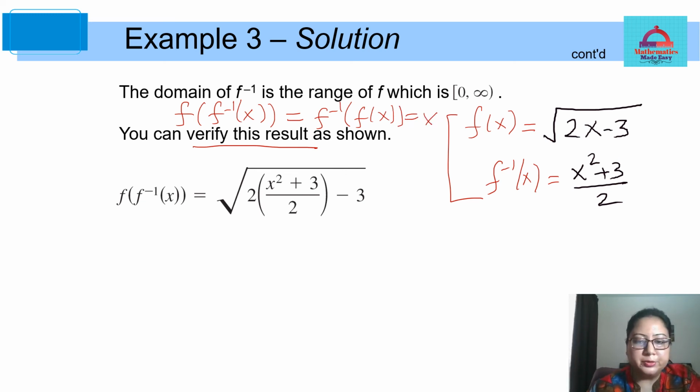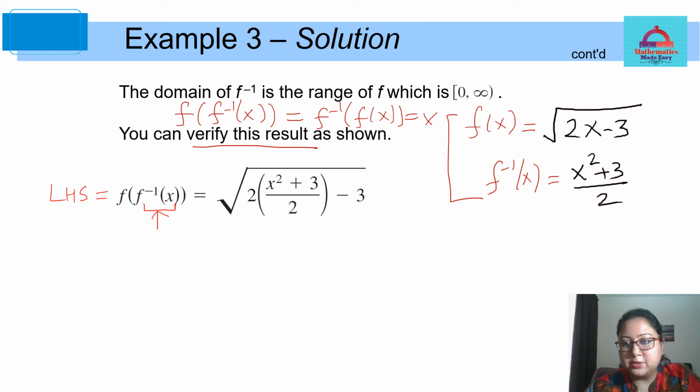So I will take the first part of the question. First I'm taking the left side. This is my left hand side. So I take f of f inverse x. That means I'm going to be plugging in f inverse x in the function f of x. So this is my function f of x, which is square root of 2x minus 3. But I'm trying to find here f of f inverse. So instead of x, I'm going to substitute, I'm going to plug in f inverse x.